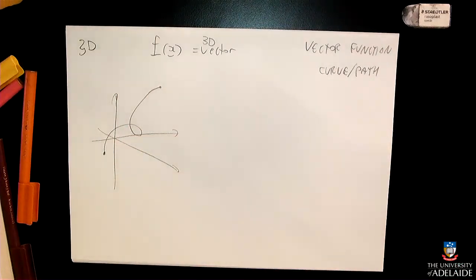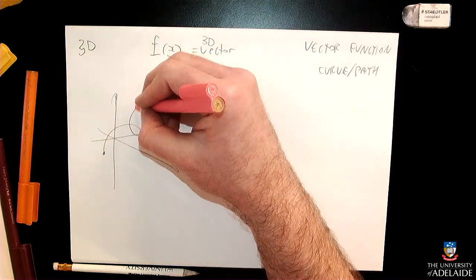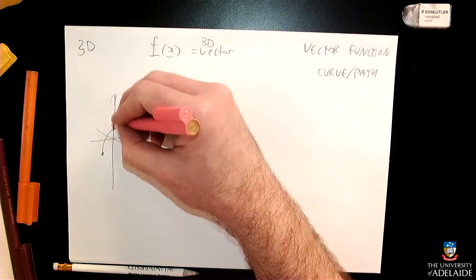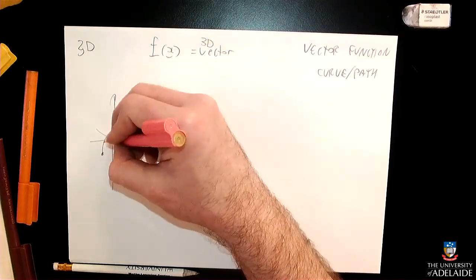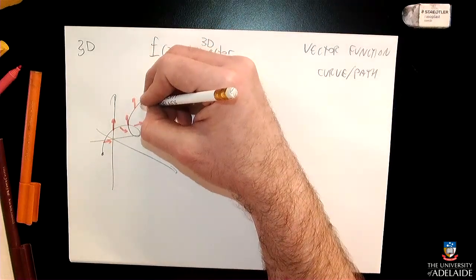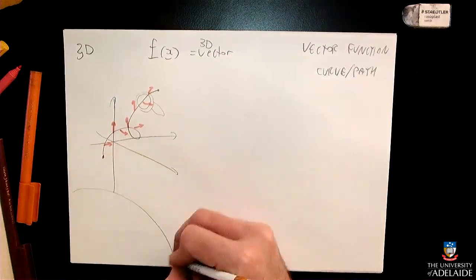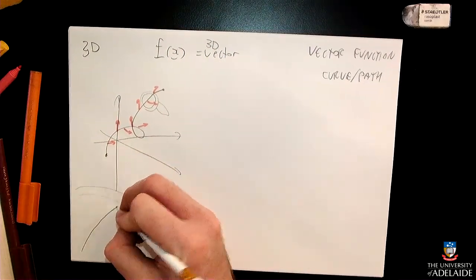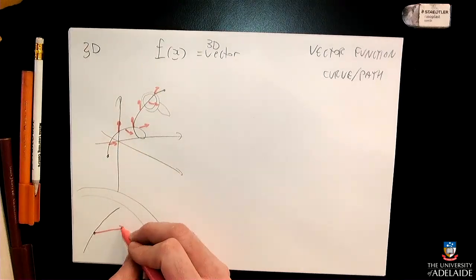So this is the same as it was in 2D. Every point in space has a vector attached to it, but in particular the points on my curve have vectors attached to them. And some of those vectors are pointing the same way the curve is going, and some of those vectors not so much. So when I zoom in on a point like this, the vector goes this way.